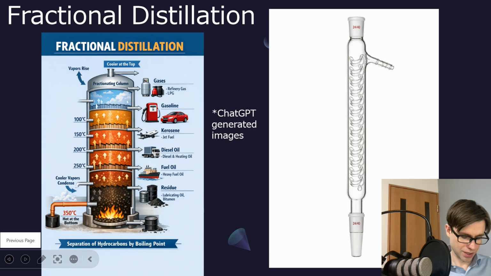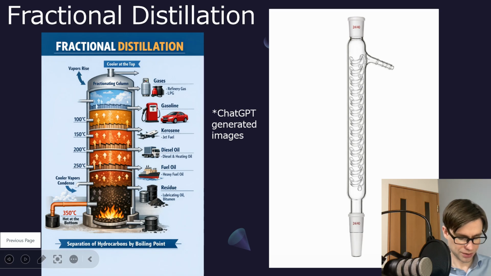But as we start going up, temperature will decrease, and we'll have these different chambers where we collect different types of fuel. So fuel oil for large ships and tankers, heavy oils would be first around 300 to 250.